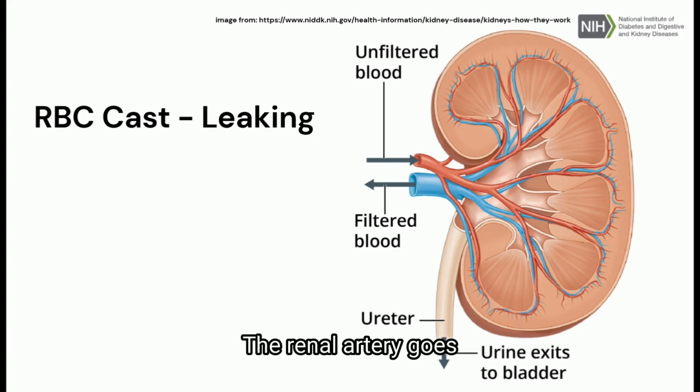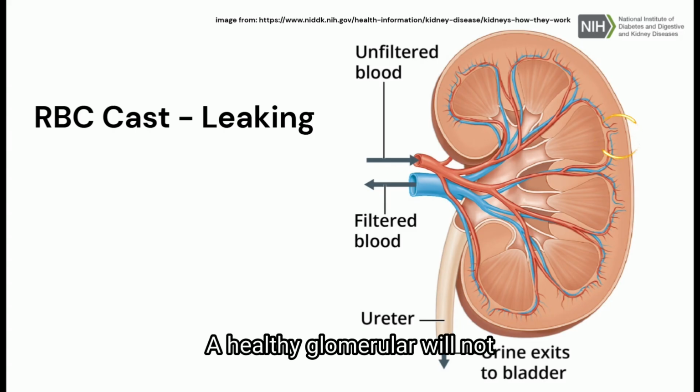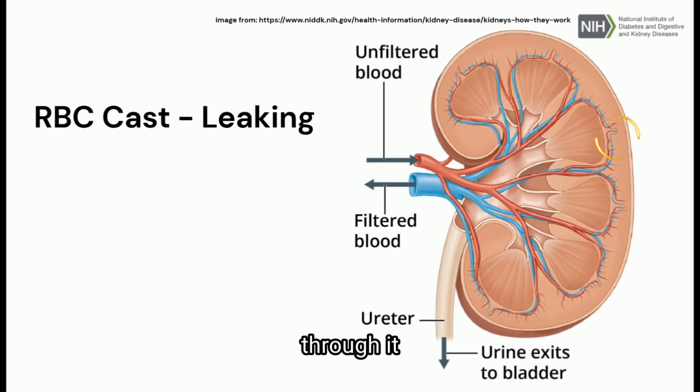The renal artery goes into the kidney with oxygen, nutrient, and quote waste rich blood. It will hit the glomerulus first and get filtered. A healthy glomerulus will not let any cellular component leak through it. It's only when it's damaged that you will get the RBC cast from leaking.